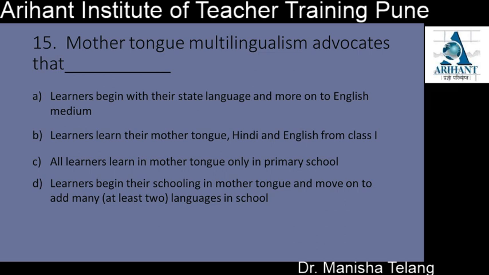And option D, learners begin their schooling in mother tongue and move on to add at least two languages in school. And the correct option is option D. Mother tongue multilingualism advocates that learners begin their schooling in mother tongue and move on to add at least two languages in school.